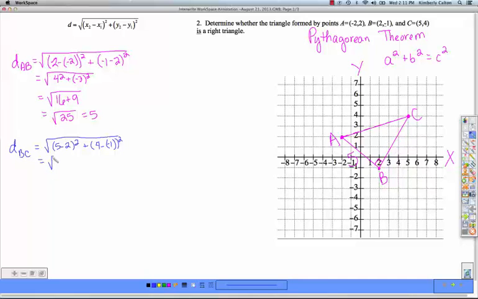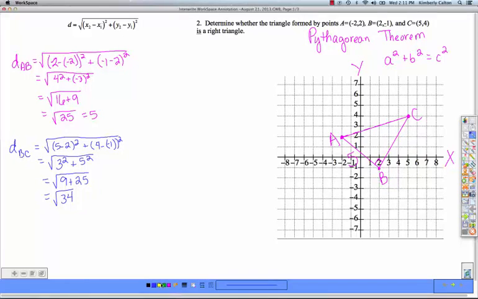So again, we're going to simplify. 5 minus 2 is 3 squared. 4 minus negative 1 is 5 squared. So now we have 9 plus 25, which gives me 34.